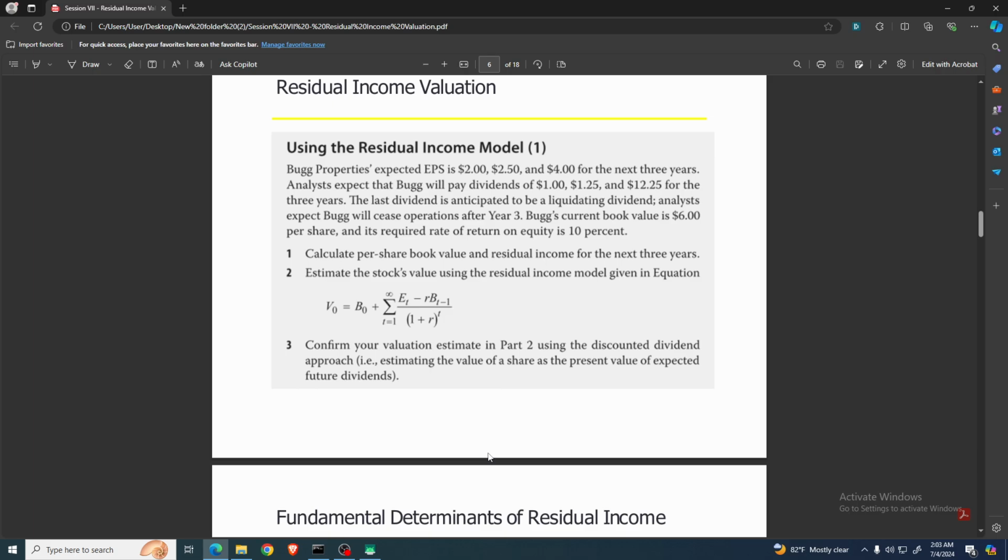First one is we need to calculate the residual income and the stock value, right? So we start off with calculating the per share book value and the residual income for the next 3 years. So let's get down to business and do this calculation step by step.